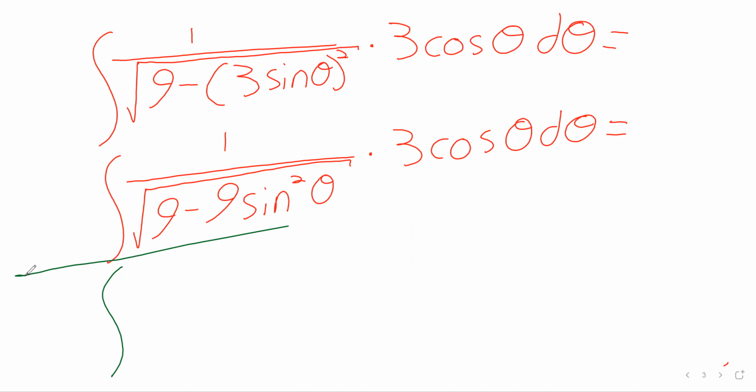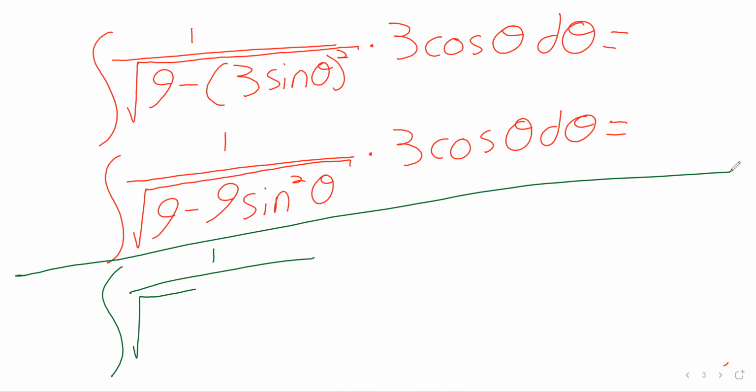Let me put a line to separate those. We pull out the 9. And we get 1 minus the sine squared.